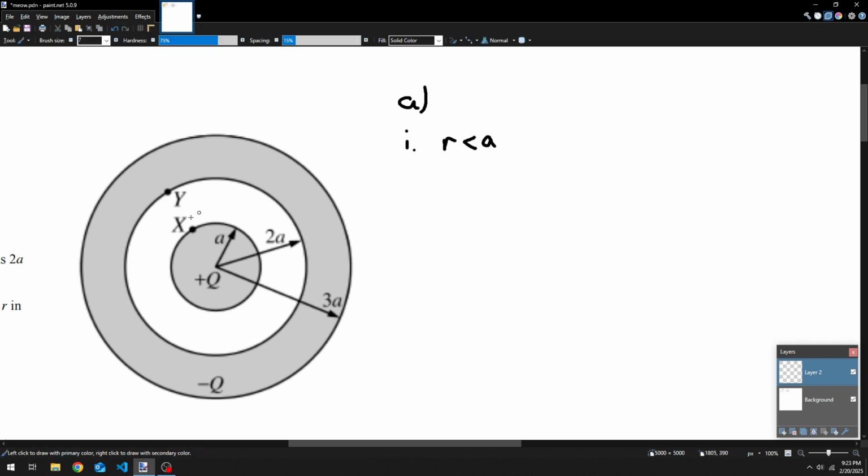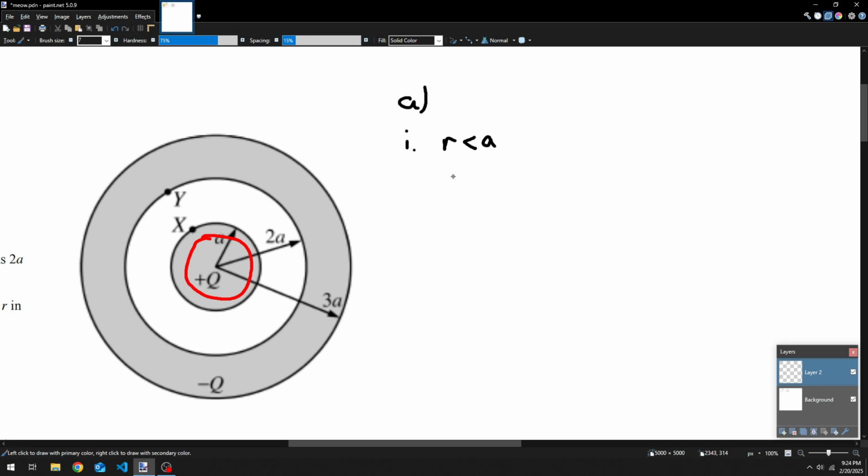But whenever we have a spherically charged object, or a point charge, since it has a radial electric field, we're going to use a sphere, because a sphere can have the electric field pass through it perpendicularly. So we're going to use a sphere for the Gaussian surface when R is less than A. We would draw a Gaussian surface something like this inside of the first spherical object.